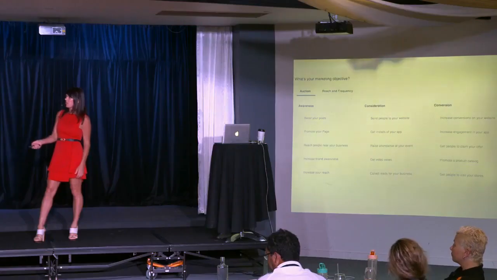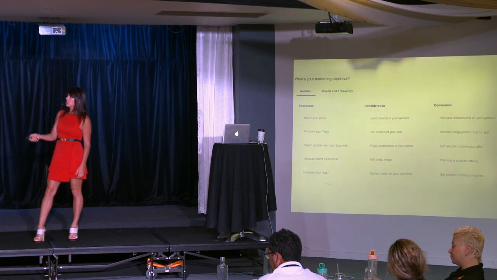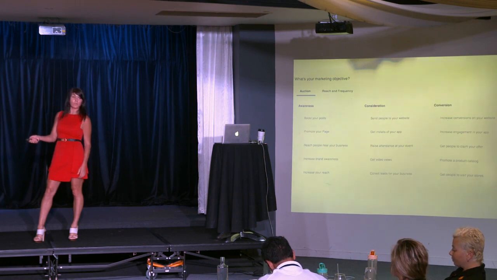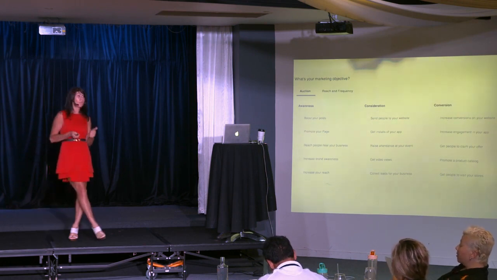Increase brand awareness, which is an engagement type of ad, I don't use that one either. Increase your reach, I don't use that one either. In this awareness one, I would use promote my post. The time when I'd be promoting my posts, I promote posts on my business page with strategy in the background.